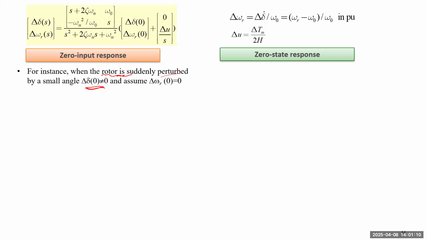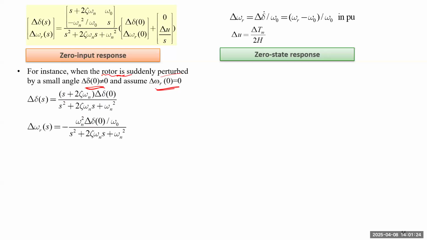We define that time to be time zero. And fortunately, the speed deviation is zero, which means at that time point, the angle deviation is non-zero, but speed is still 60 Hertz. Okay, so this is a very simple scenario, and then we'll have those two formulas for the angle deviation and speed deviation in the frequency domain.